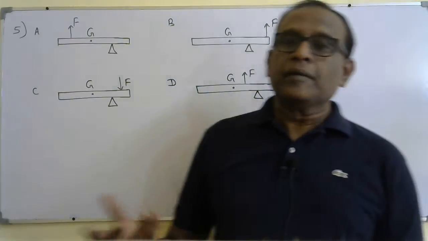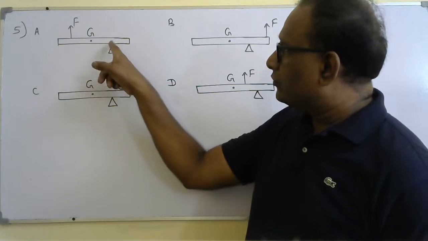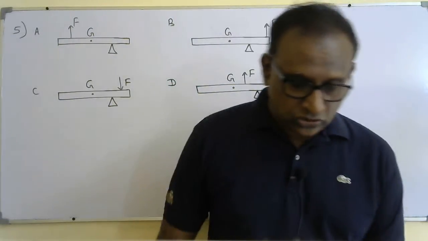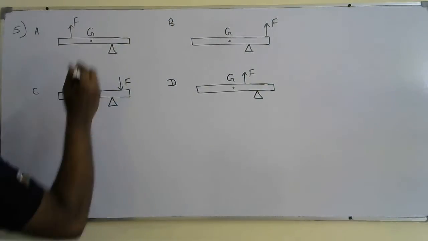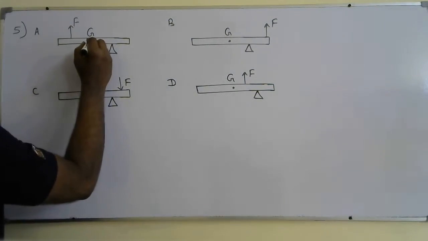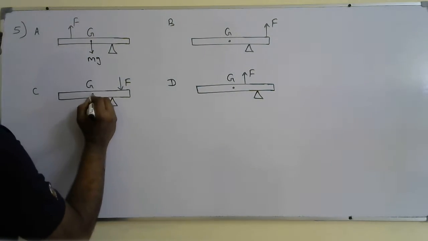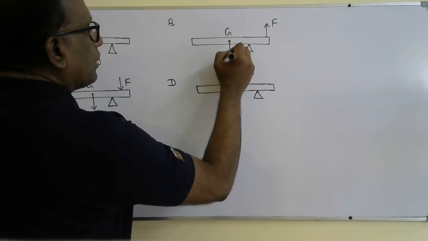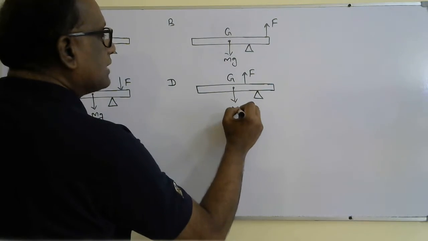So if a beam wants to be in equilibrium, we'll consider the moment about the pivot where the fulcrum is kept. Only one force is marked on the diagram. We can take the second force, that is the weight. The weight of the beam is acting here, mg, here also mg. Everywhere the weight will act from the center of gravity or center of mass.